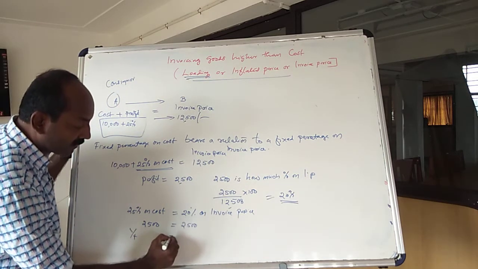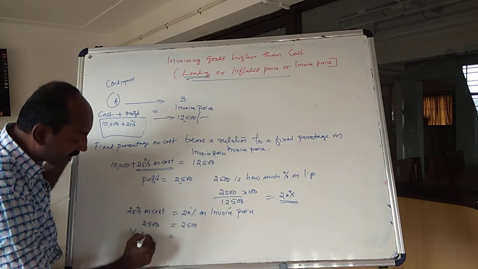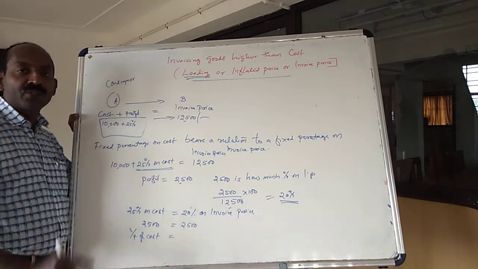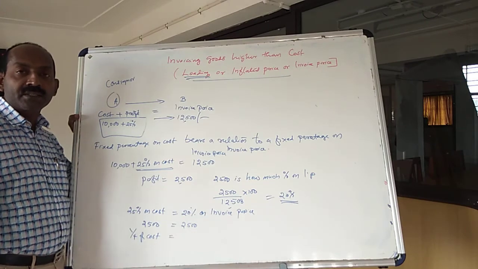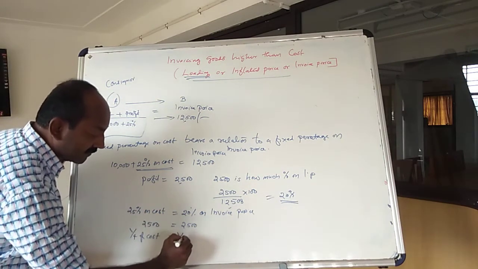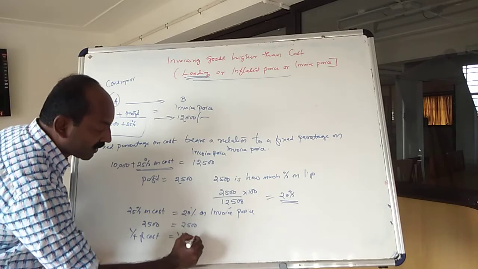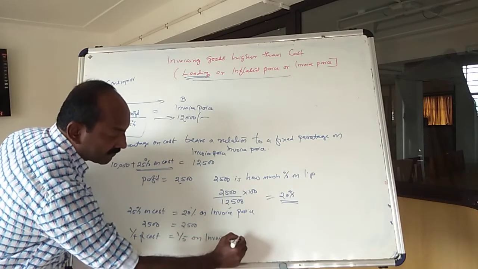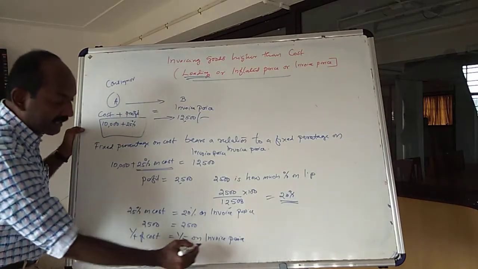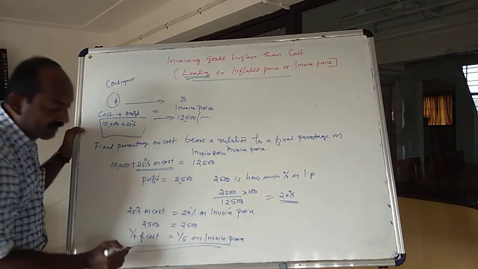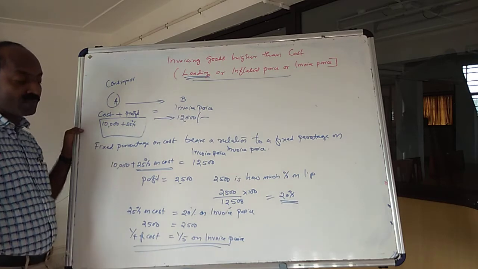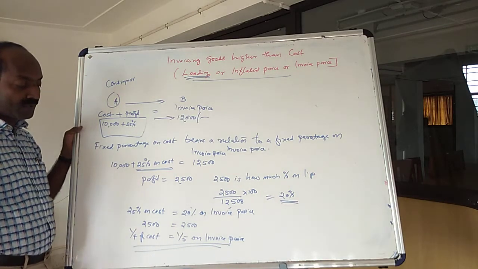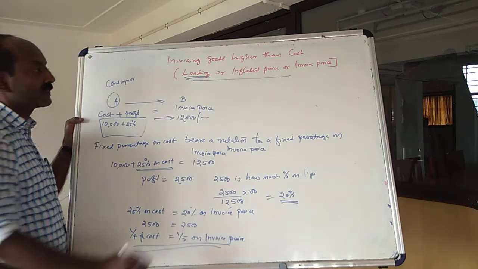Percentages we always express out of a total of 100. So 25% is equal to 1 by 4 of cost, and 20% is equal to 1 by 5, since 20 divided by 100 gives 1 by 5, on invoice price. See, what we are concluding in general is that 1 by 4 of cost is equal to 1 by 5 of invoice price.